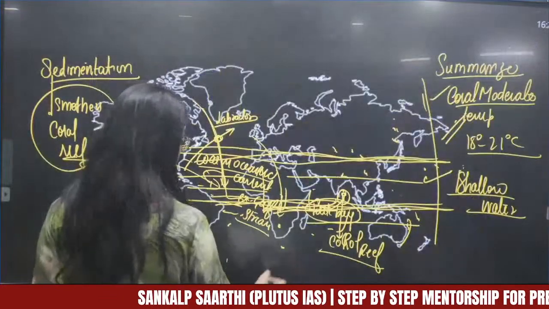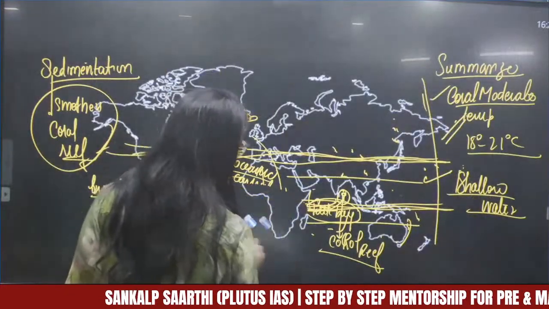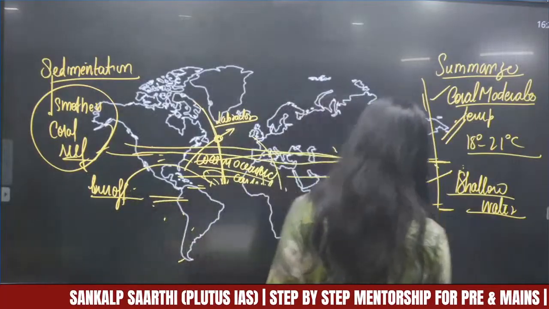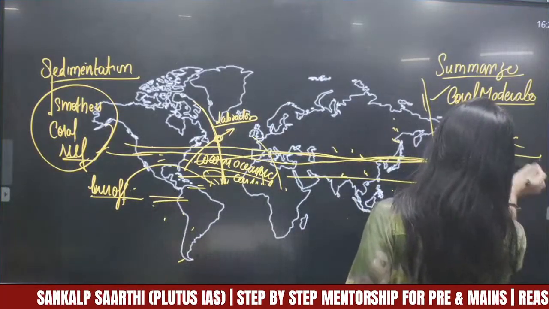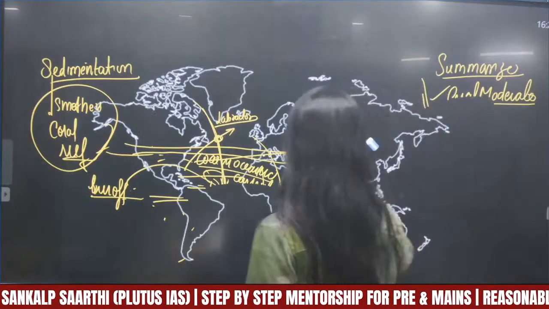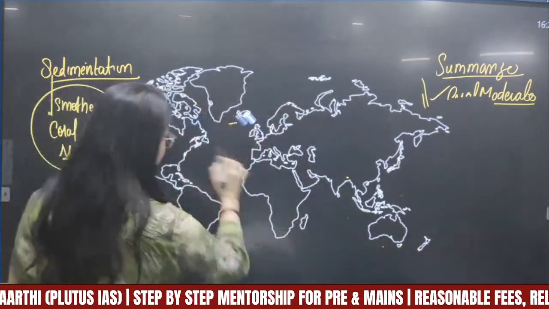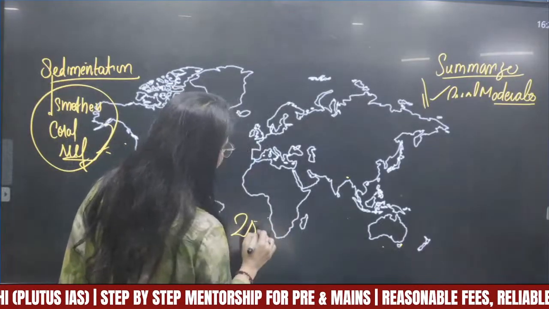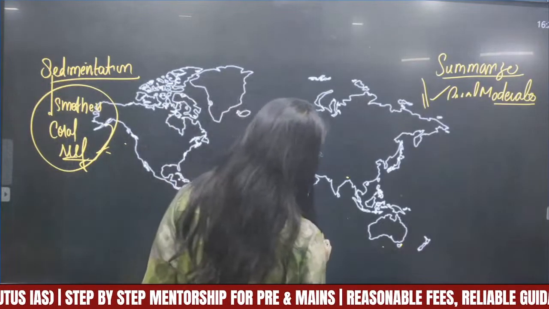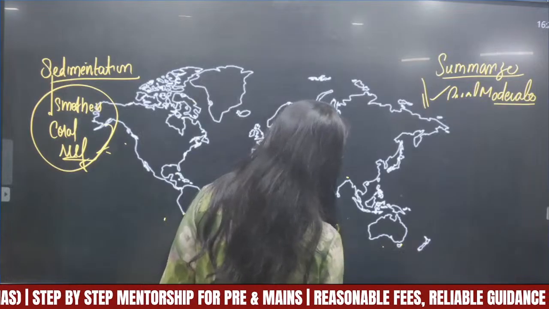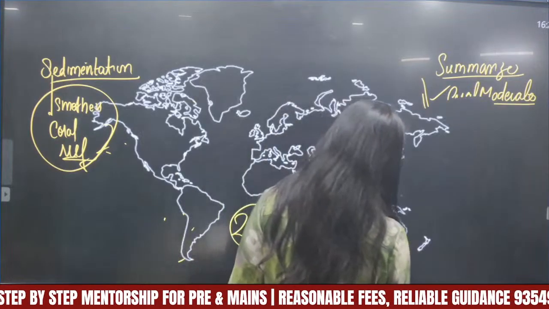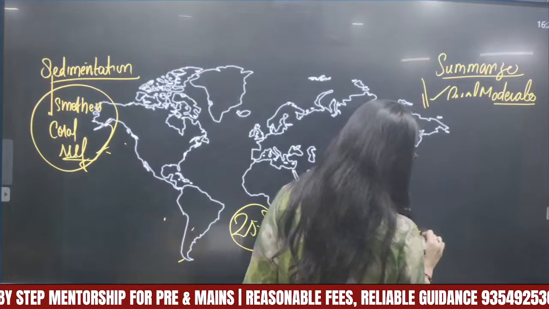See here, only 0.1% is the distribution of the coral reefs. But if you see the kind of support they are giving to the aquatic system, it is huge. कितना? 25% is the support that they are giving to the aquatic ecosystem.